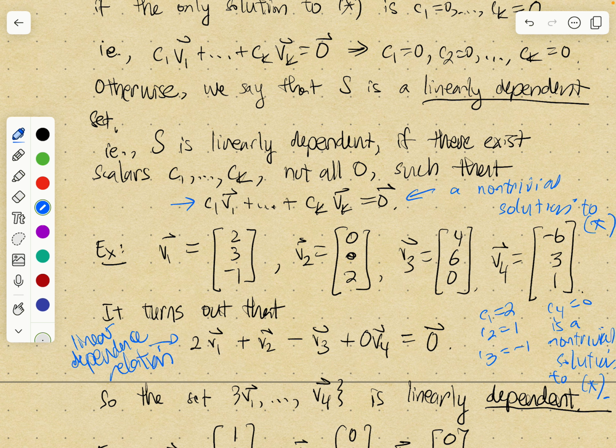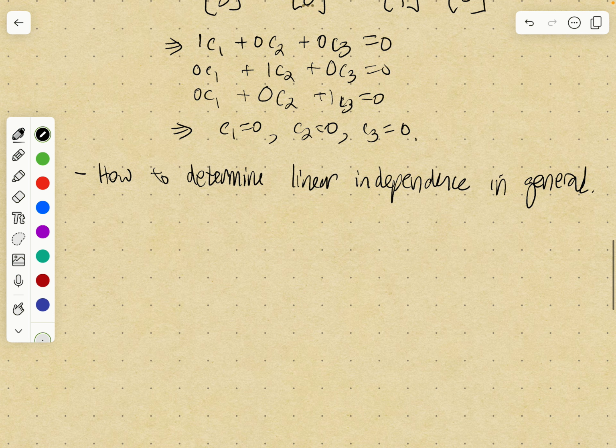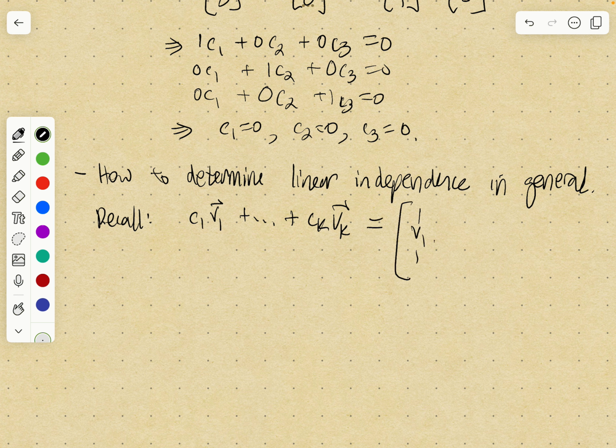So how do you know if there is a linear dependence relation or not? Each linear dependence relation gives you a way of solving c1v1 plus dot dot dot plus ckvk is the zero vector. Recall that c1v1 plus dot dot dot plus ckvk is what you get when you take the matrix whose columns are v1 through vk and multiply it by the vector c1 through ck.